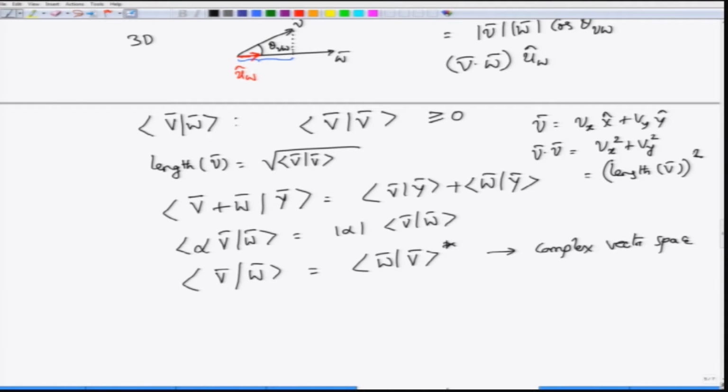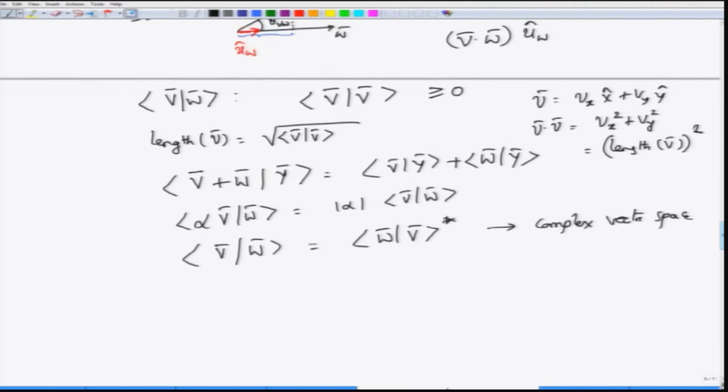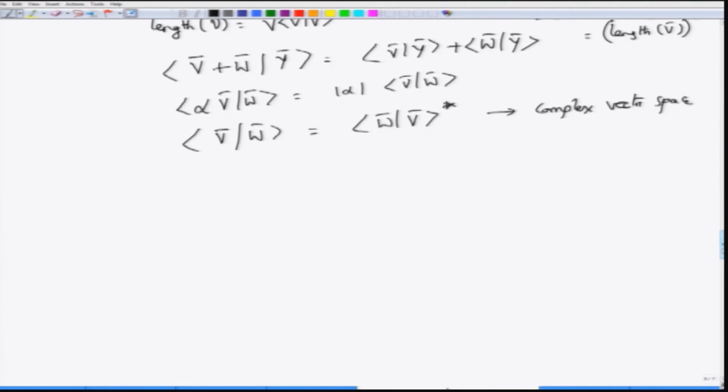For a real vector space, that is a vector space consisting of only real valued vectors, you can drop this conjugate, right. It would not matter because it would give rise to a scalar or a real number, and real numbers do not have this conjugate property, okay. Now these are the rules by which we can construct the inner product, right.